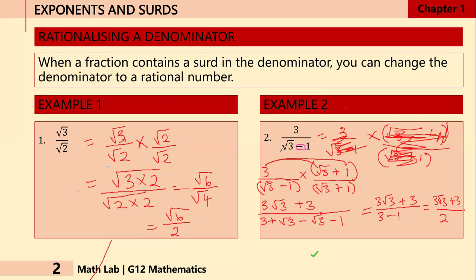Sorry, sir, can you please explain to me where you were left with 3 root 3 plus 3 all over 3 minus 1? Where? Let me see. No, this side here. Yes, sir. You mean here?